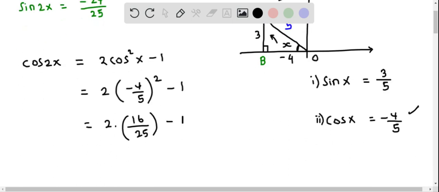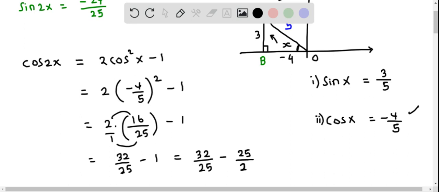First let's simplify the first term. This equals 2 over 1, so 2 times 16 is 32, and 1 times 25 is 25, so it becomes 32/25. To make the second one have a common denominator, multiply 1 by 25 over 25, so it becomes 25/25.